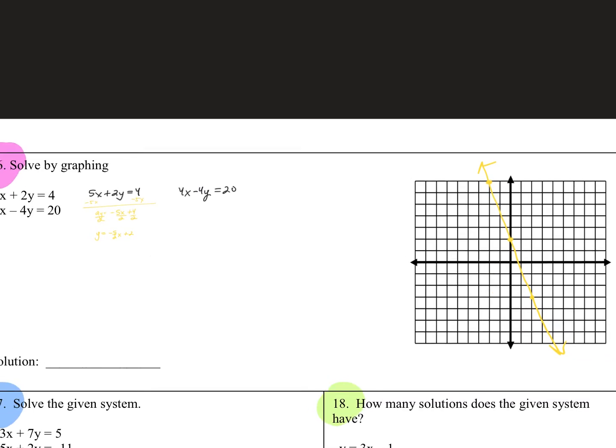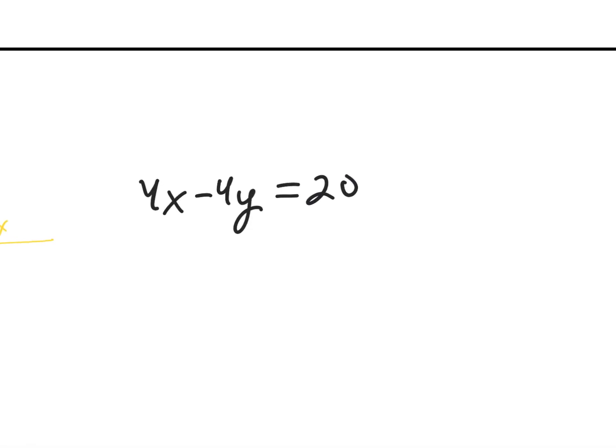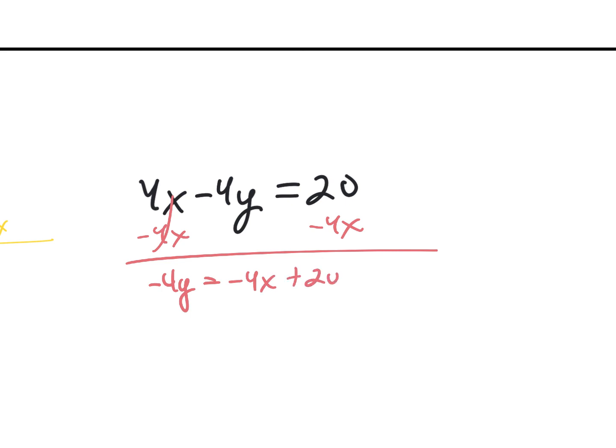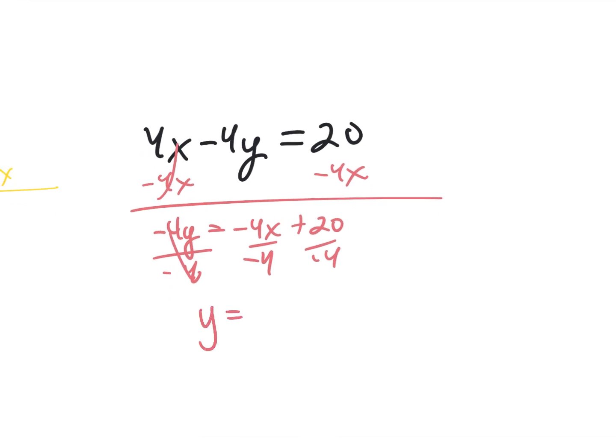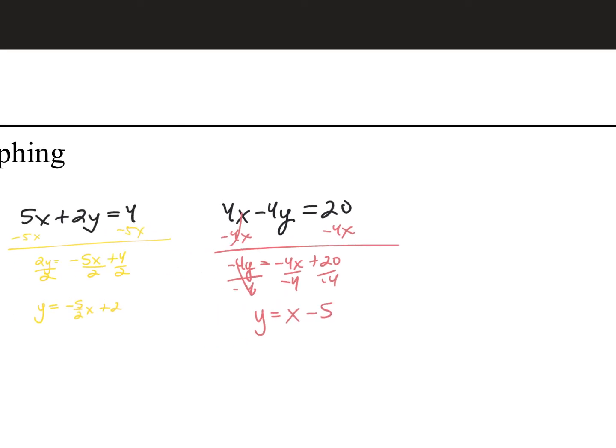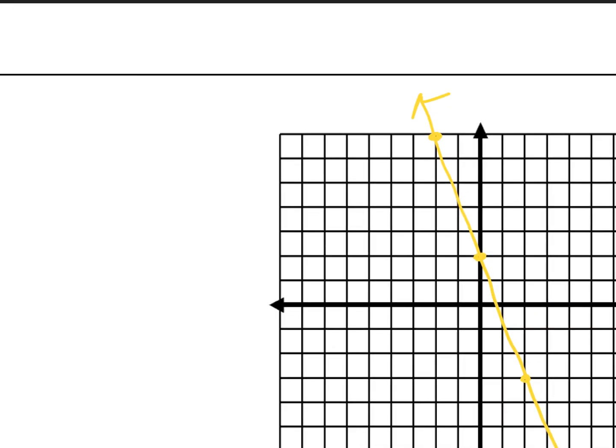So now I'm going to come over here. We're going to do the same thing. I'm going to subtract 4x. So negative 4y equals negative 4x plus 20. Divide by negative 4. And I get y equals x, because negative divided by negative is a positive. 20 divided by negative 4 is negative 5. So my slope here is 1 over 1, and my intercept is at negative 5.